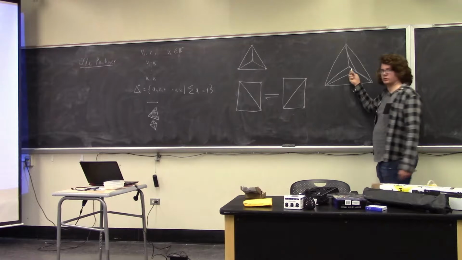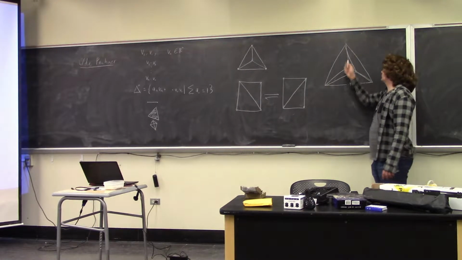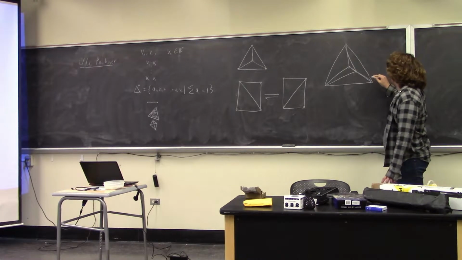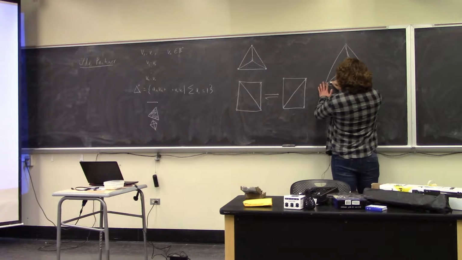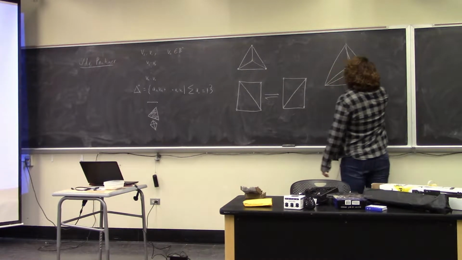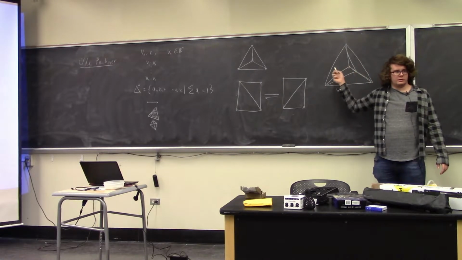Is everyone still clear on what's going on? This point is the barycenter. These are each of the vertices. I draw my new edges, and then I draw sort of faces here, and I form 4 new tetrahedra in this case.